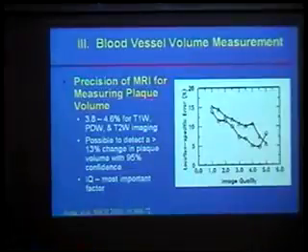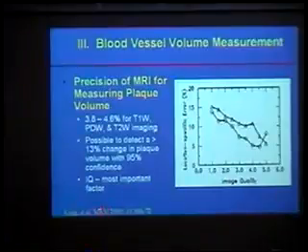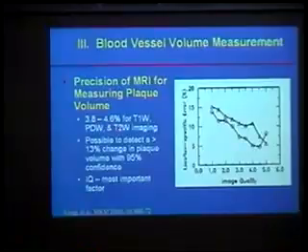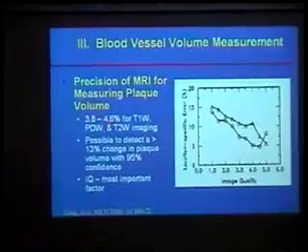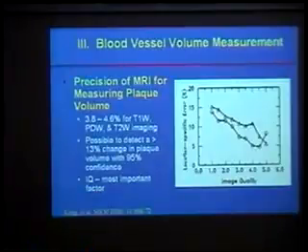And this is an overall variability based on a study of 10 patients that was published in MRM in 2000. Overall, if you look at T1, proton density, or T2 weighted images, the volume variations are anywhere from 3.8 to 4.6%. This has been repeated by many other groups looking at different arteries, and it seems to be the range of variation of volume measurement.